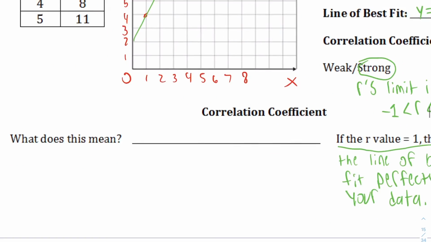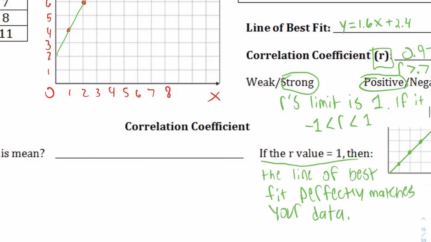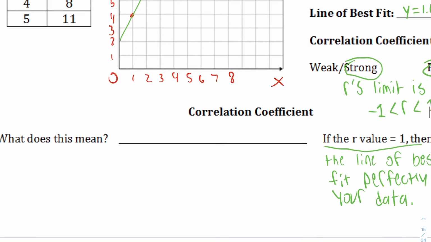On this, we also need to say, though, we circled our descriptions, but we need to write it down also.